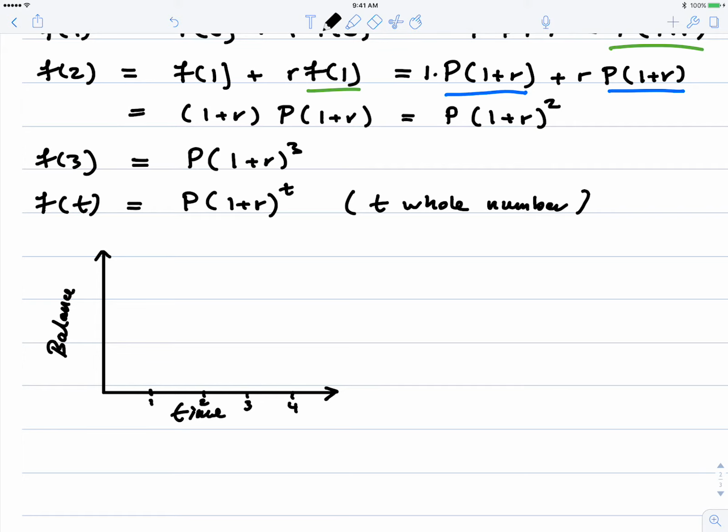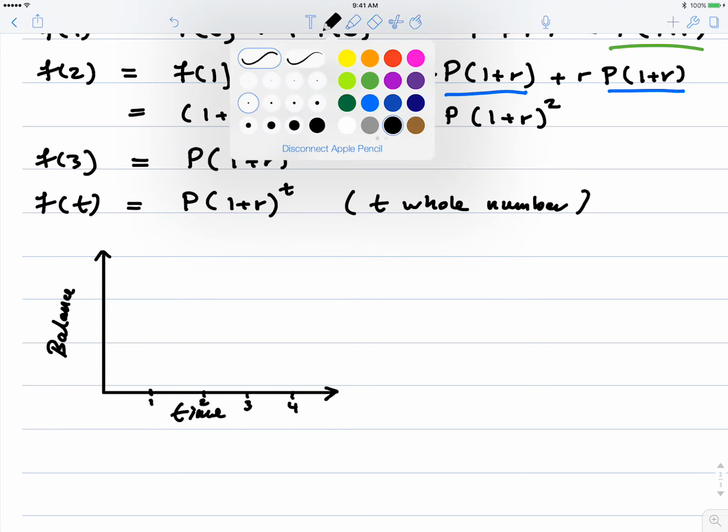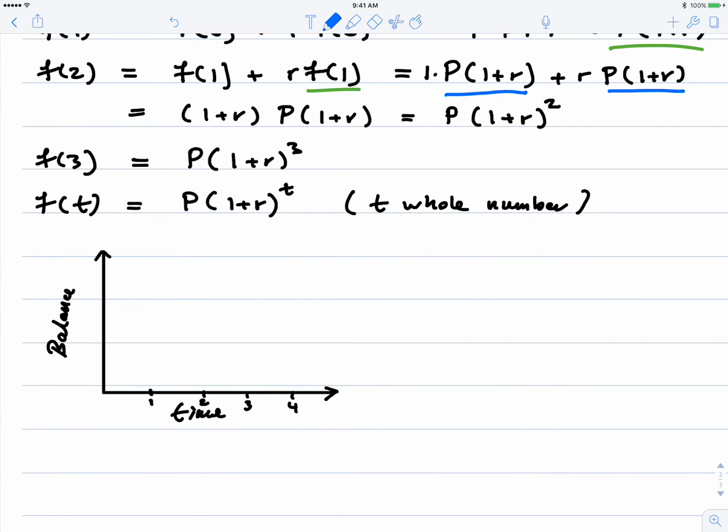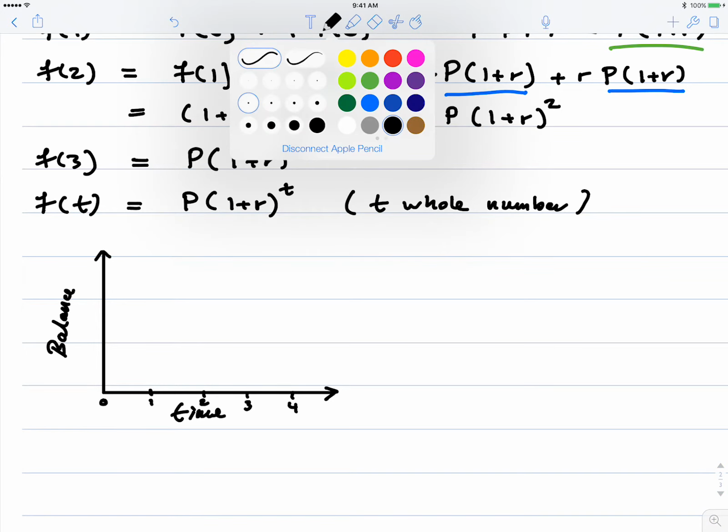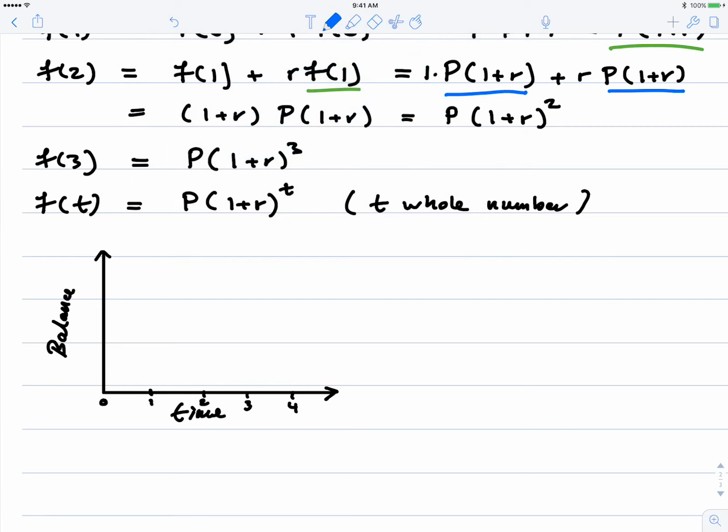So what do I have? Let me draw this in blue to make it obvious. At time 0, P is put in, so this point here we'll call P, inclusive. So for the first year, your balance is P, nothing changes. It's all exactly the same up until you hit 1.